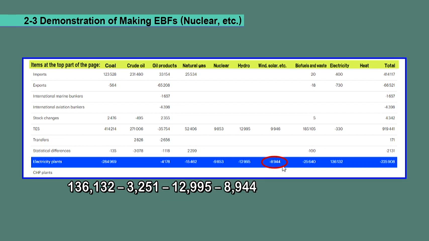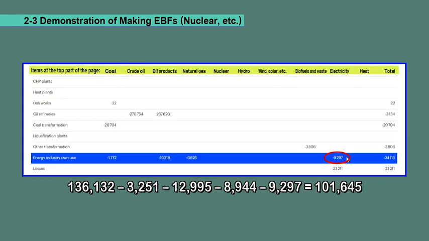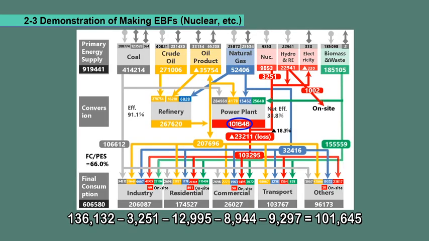Wind, solar, etc., 8,944, and energy industry own use, 9,297. The result is 101,645. The result in the EBF was 101,646, which is a difference of just 1 from the result using the IEA table. It is within the margin of rounding errors, so we will consider the calculation correct.